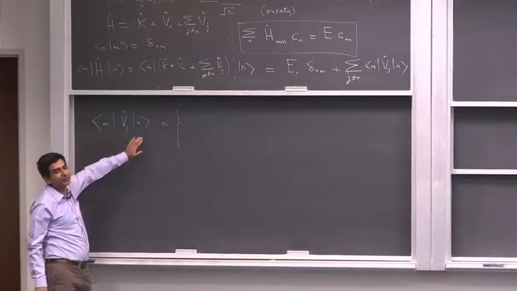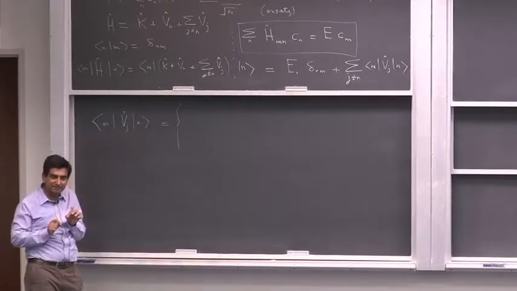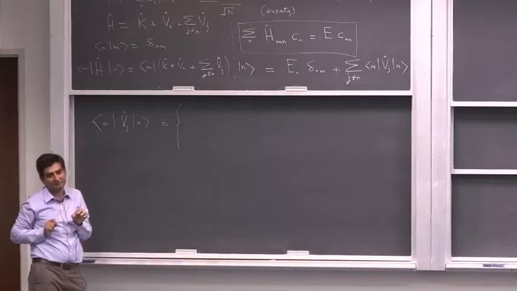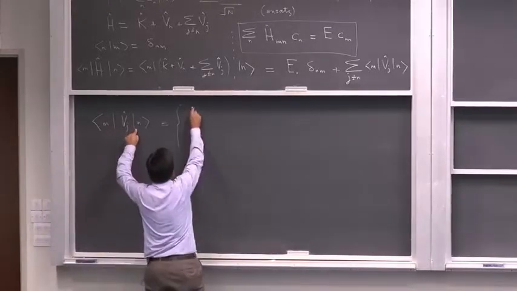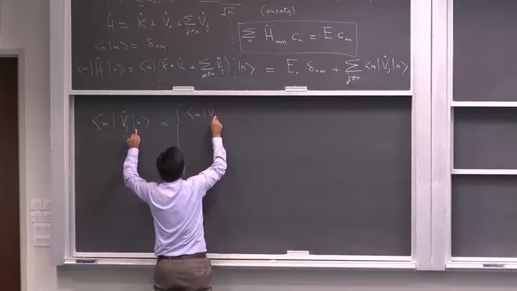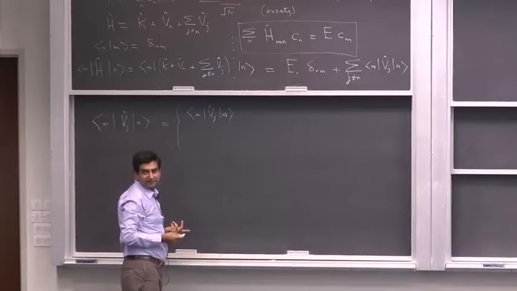then what I'm talking about is the interaction of an electron that belongs to some atom with another nucleus. So if m equals n, this becomes V_j m.